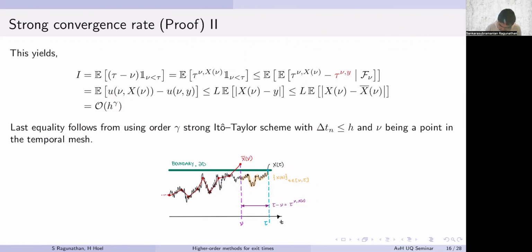And it is a key point to note that the exit time of the numerical process is contained inside the set of points generated by the adaptive time stepping algorithm.